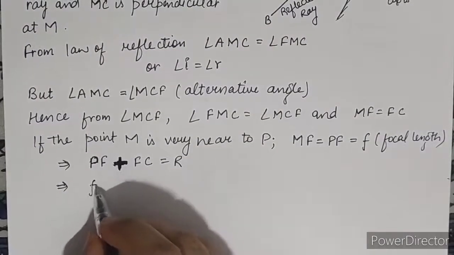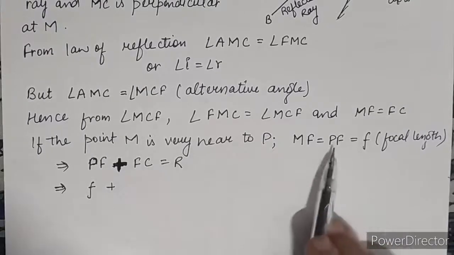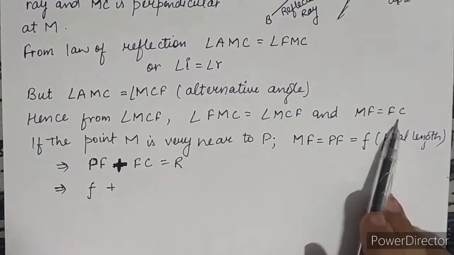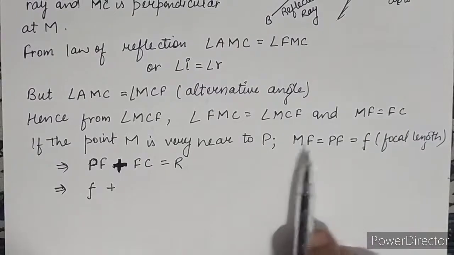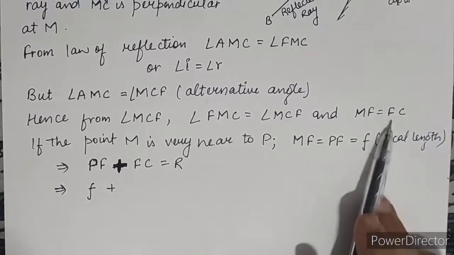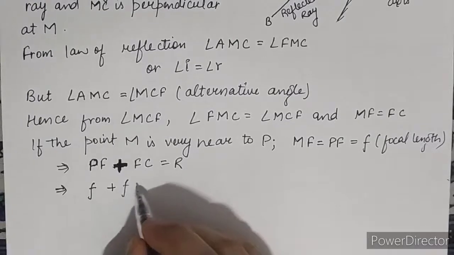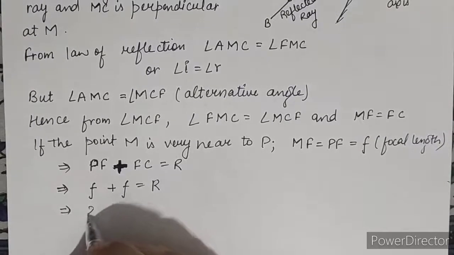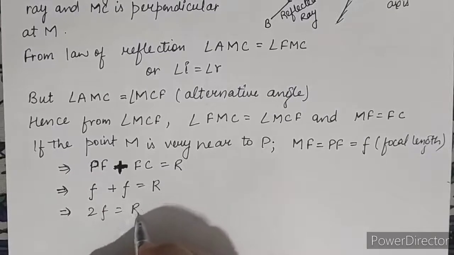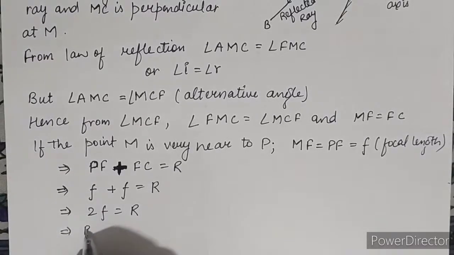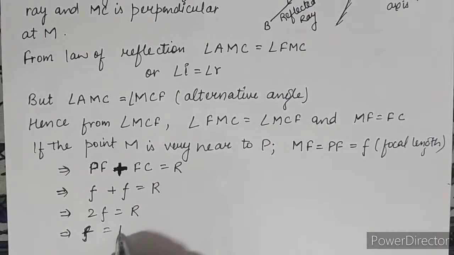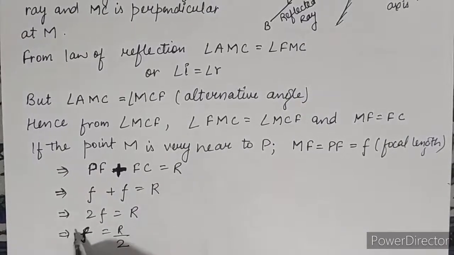PF is your focal length F, and this PF is equal to MF and MF is equal to FC. So if PF is F, MF is also F, so FC is also F, and the sum is equal to R. So here 2F is equal to R, or we can say F is equal to R by 2.